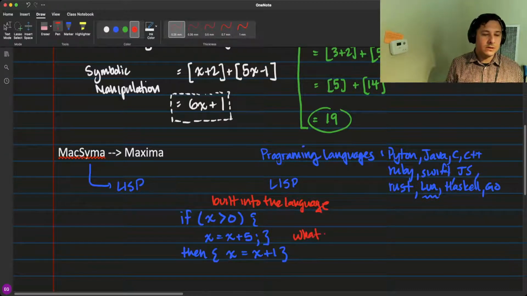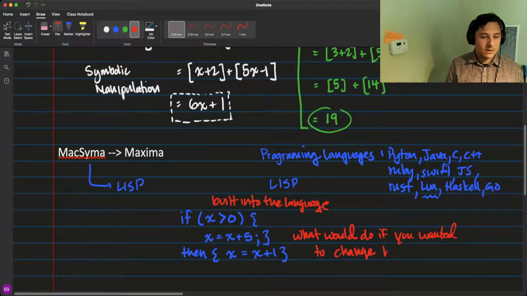What would you do if you wanted to change how the if worked? Does it make sense?